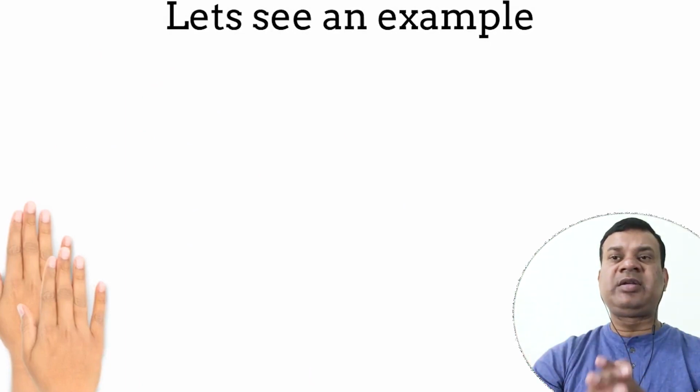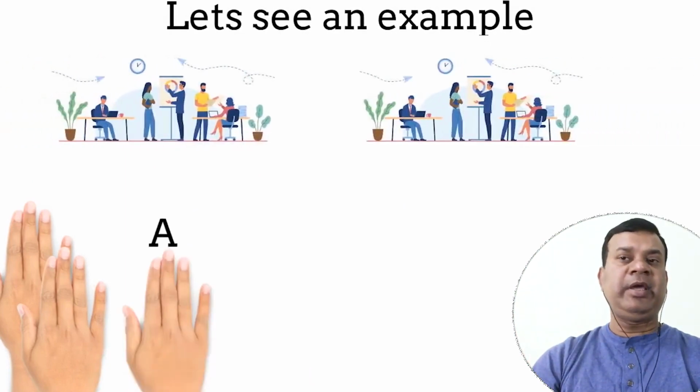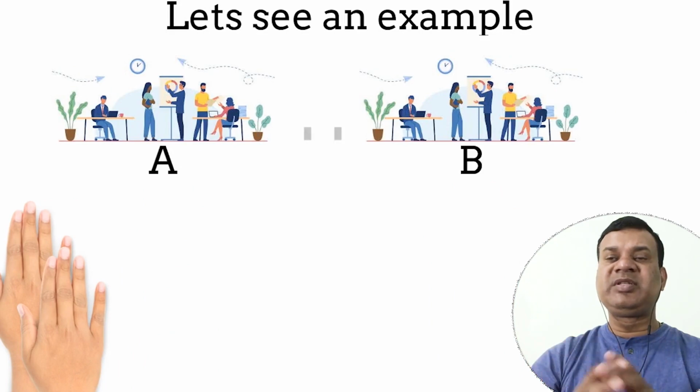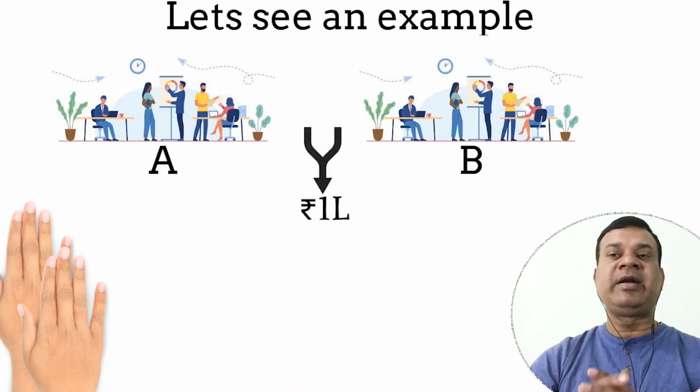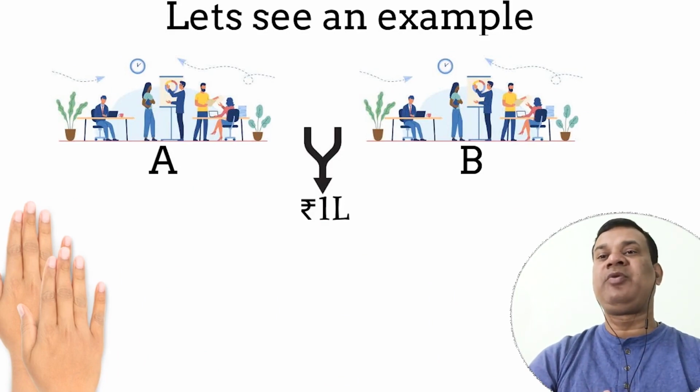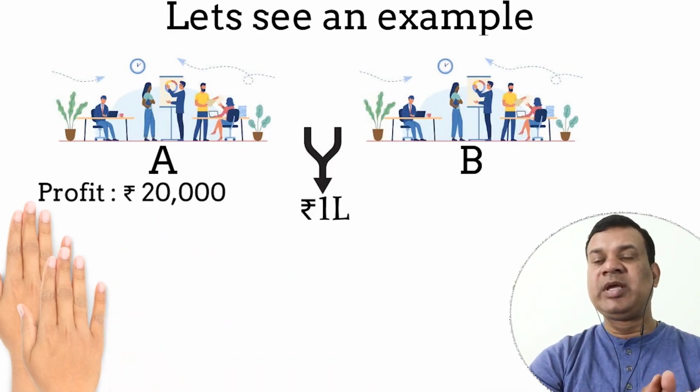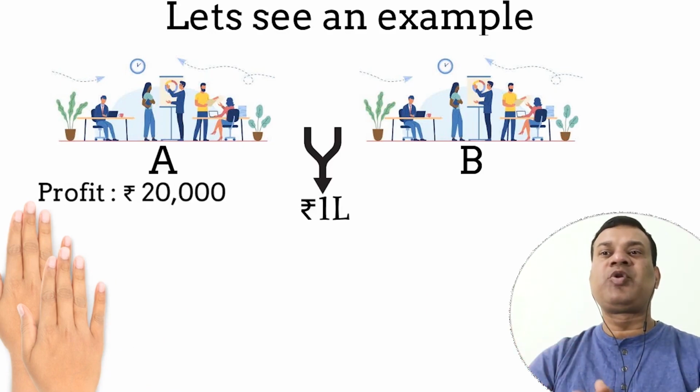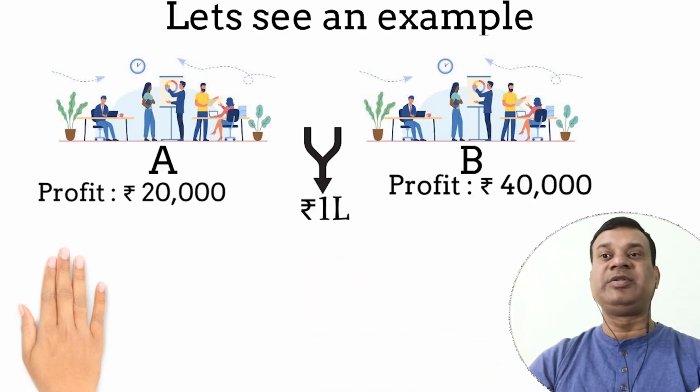Let's assume that there are two companies A and B which started their business with the same share capital, that is 1 lakh rupees, and at the end of the year company A generated a profit of 20,000 rupees and company B generated a profit of 40,000 rupees.